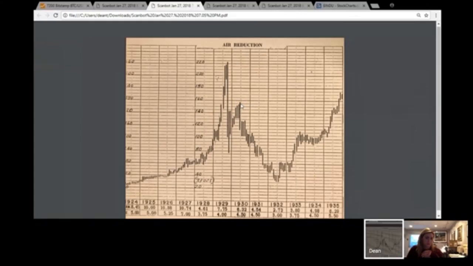And then a long phase 7 down back to the beginning. But I wanted to show you this company because of what happened after 1932 and 1933. Another hyperwave began immediately after the cessation of the first one.